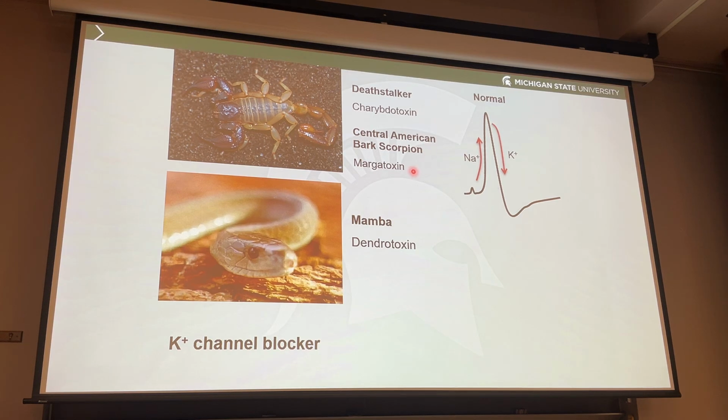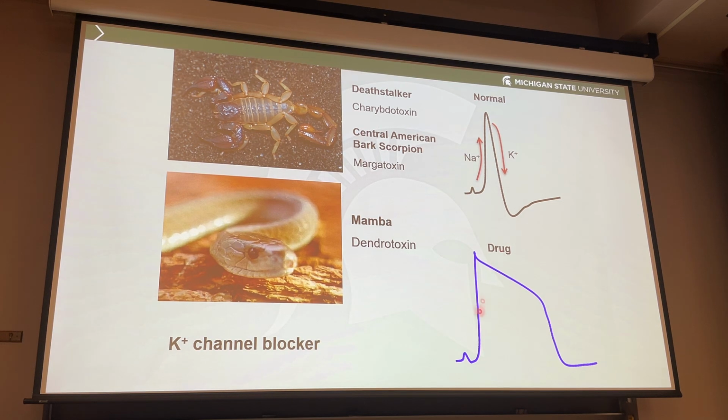Carbatoxin, margatoxin, dendrotoxin. The scorpion makes one of these, the mamba snake makes another. And this blocks the potassium channel from working. As we said before, sodium comes in, potassium goes out during a normal action potential. If you have one of these toxins on board and it blocks the potassium channel, it's going to shift your action potential to look something like this.